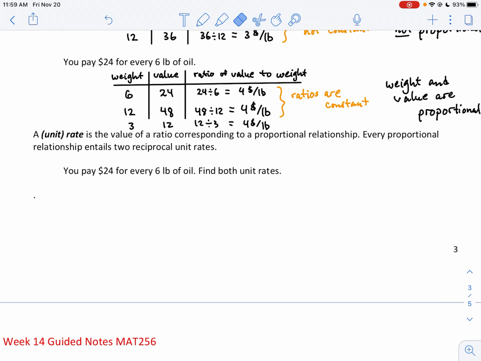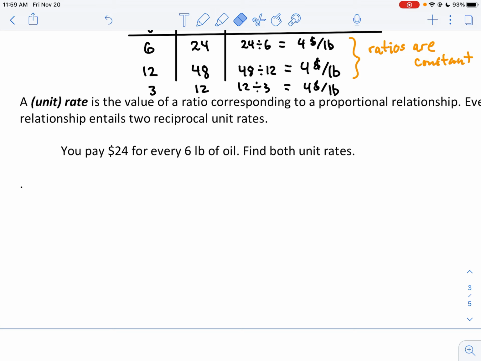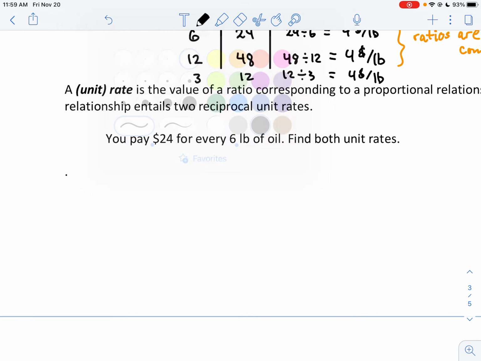Now, a unit rate is the value of a ratio corresponding to a proportional relationship. Every proportional relationship entails two reciprocal unit rates. So the same situation, you paid $24 for every 6 pounds of oil. Let's do a ratio of value to weight.